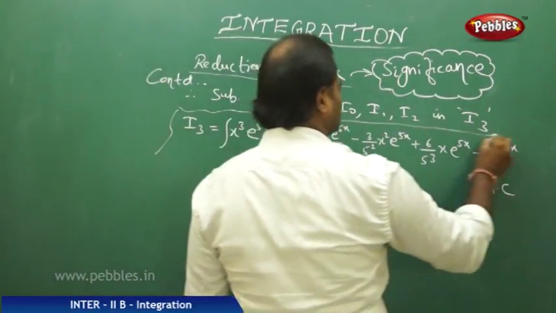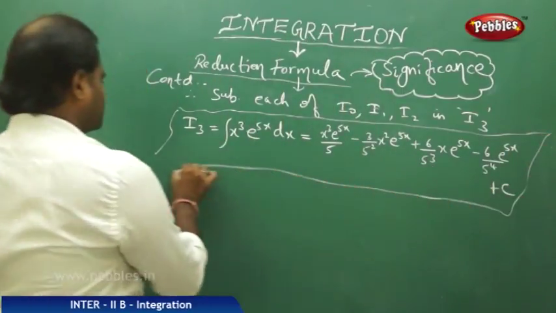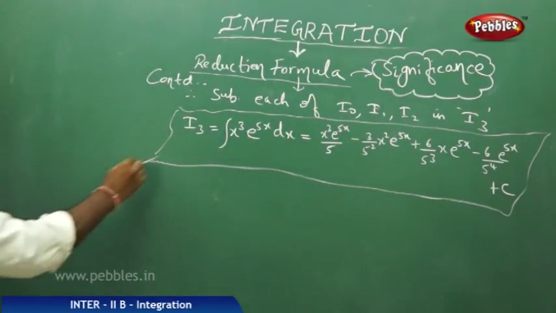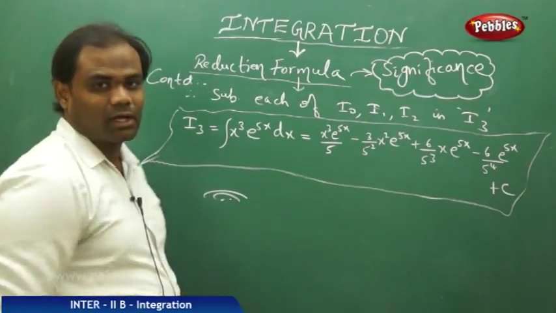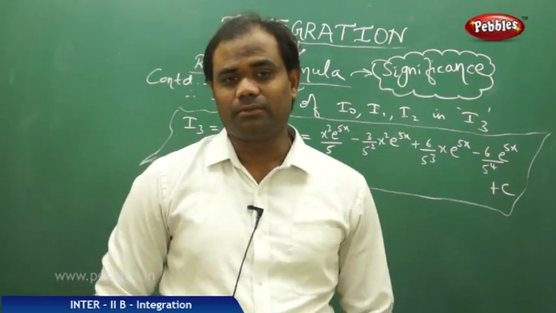This is how the reduction formula reduces using I0, I1 and I2.